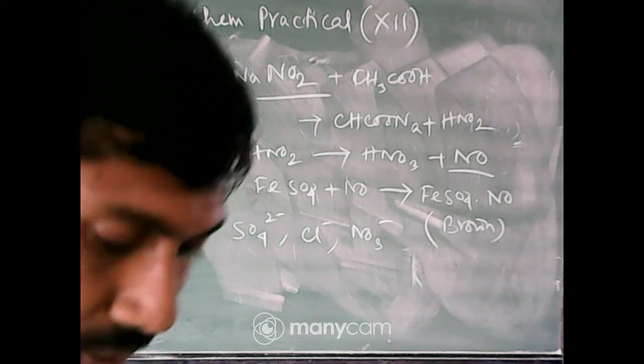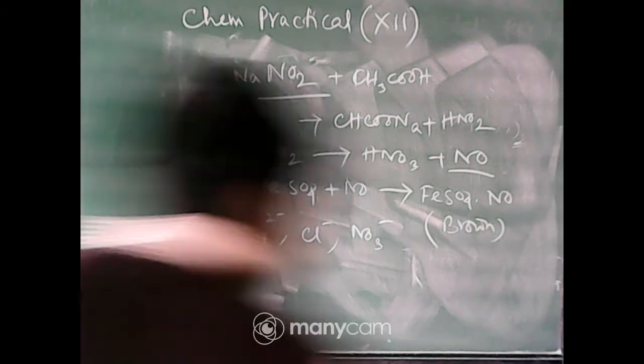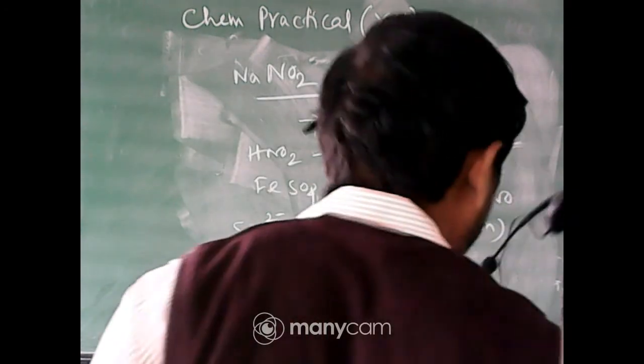What is the group reagent for aluminium?